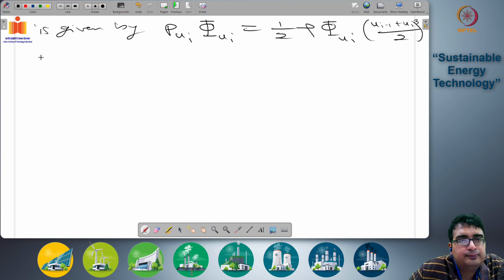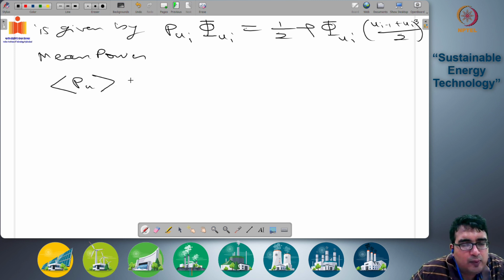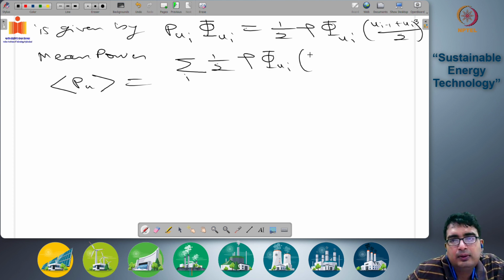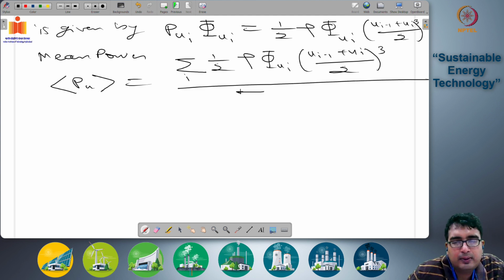So then the mean power for a given wind speed distribution is the summation over all i of half rho of air phi ui times ui minus 1 plus ui by 2 whole cube, divided by the summation of phi ui.